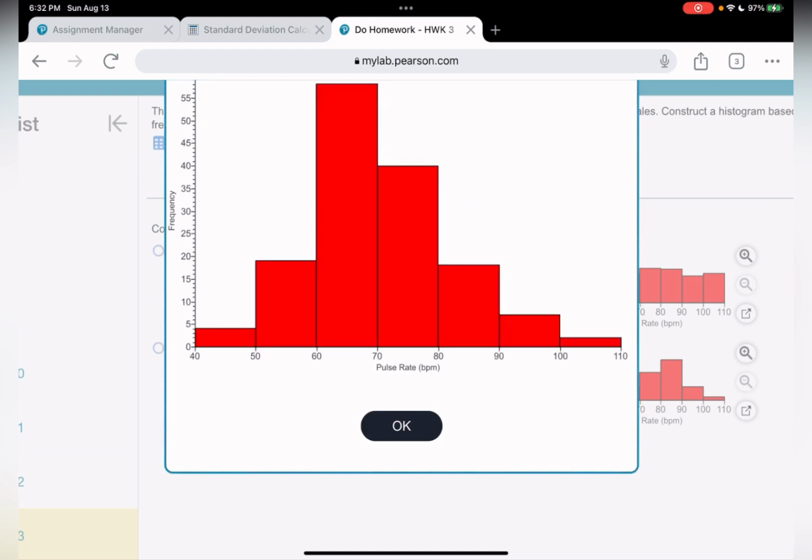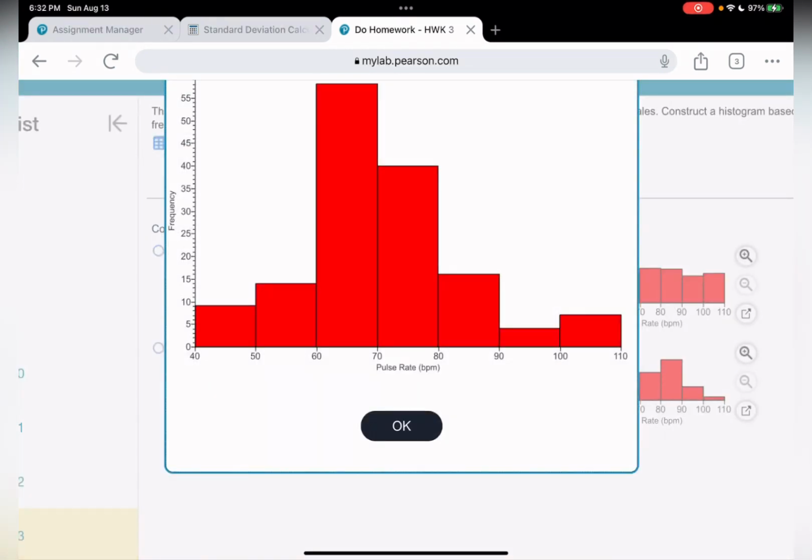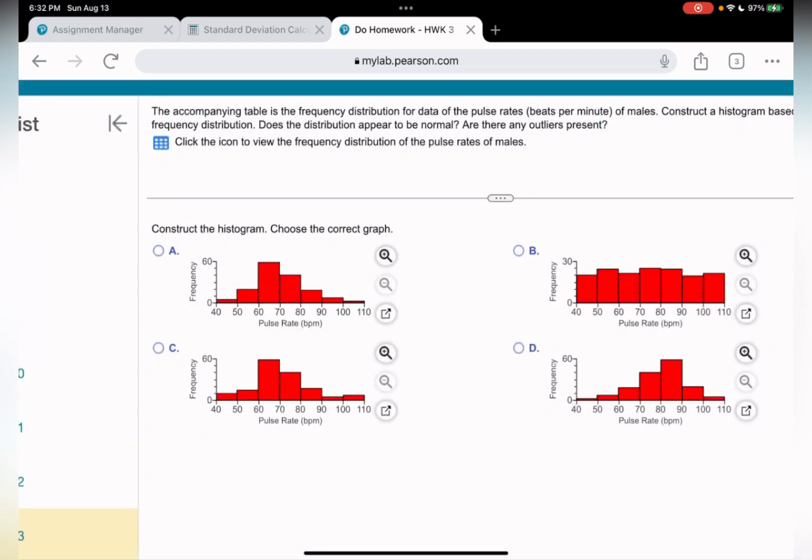This one looks like it's coming to 100 to 109. Let me check the other one also. Yeah, the other one, 100 to 109 is coming over 7, 9. Yeah, it's not, which means it's going to be A.